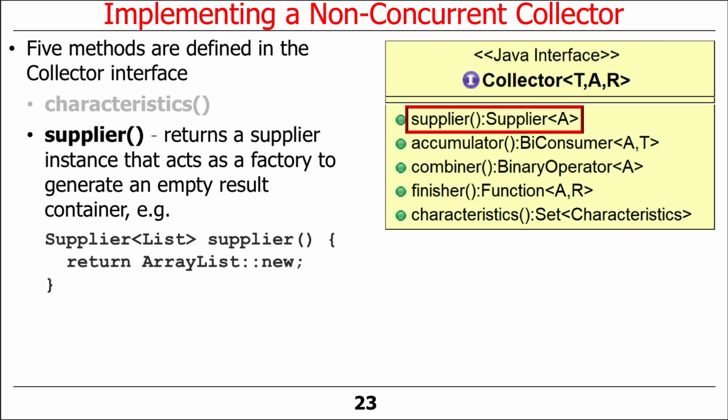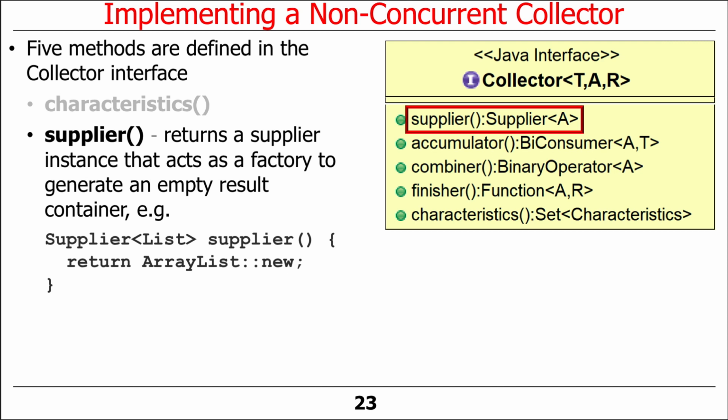For the discussion we're having here, let's assume that concurrent is not set. Supplier is a factory method that returns a constructor reference or something else that makes the empty mutable result container. So here's a simple example of supplier. This one implementation of supplier could simply return a constructor reference to make a new ArrayList, which will of course be what's implementing the List interface.